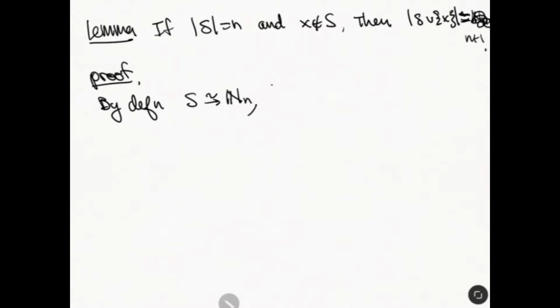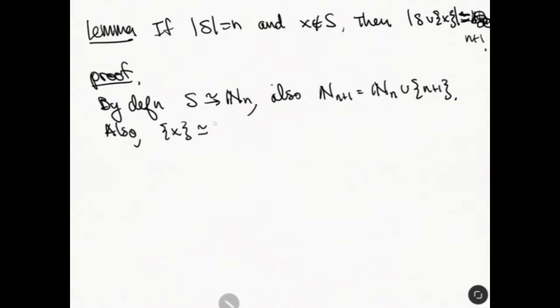So also, n plus 1, so this is n union n plus 1 like this. Also, we have that x is in bijection with n plus 1.